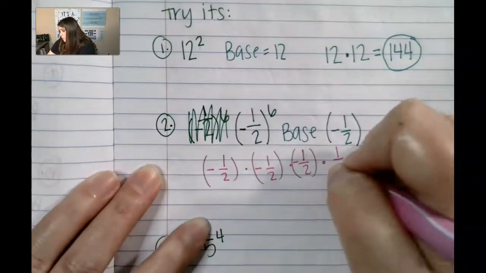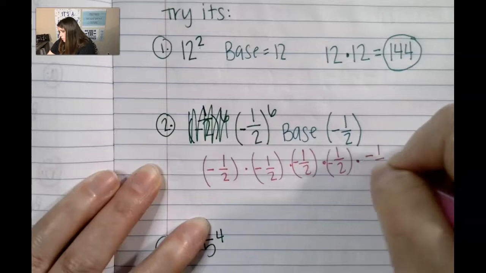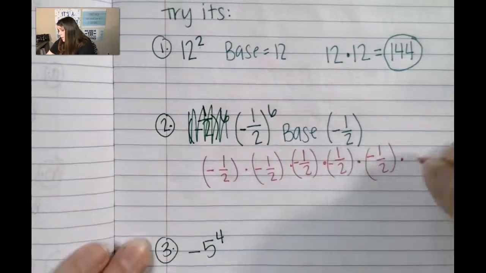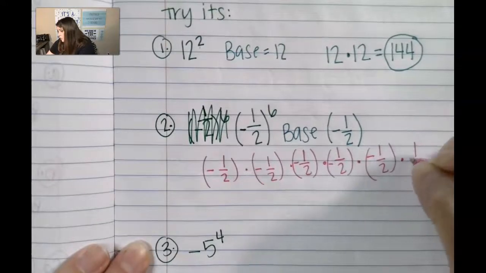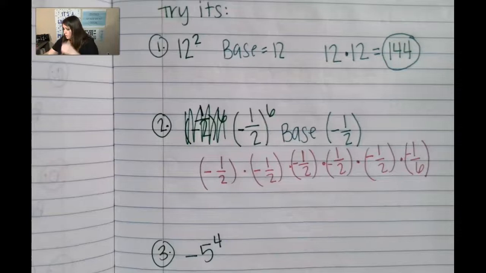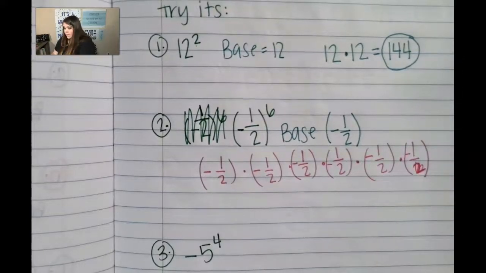Times negative 1 over 2 times negative 1 over 2. 1, 2, 3, 4, 5. And this is right here why we use exponents, because this takes forever. And see, I put a 6 and I don't know why. Okay, there we go. All right.